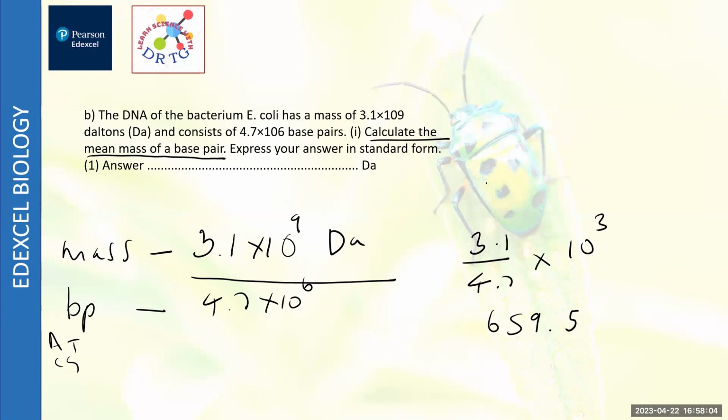So you have to express it in standard form, 6.5, but you have to round up, 6.66, right? 6.66 times 10 to the power 2. Mass of base pair.